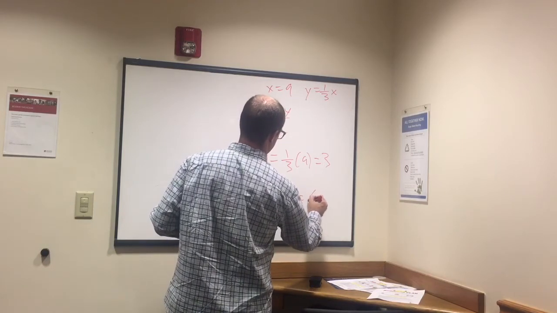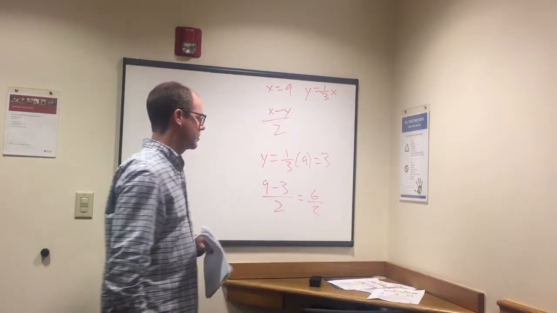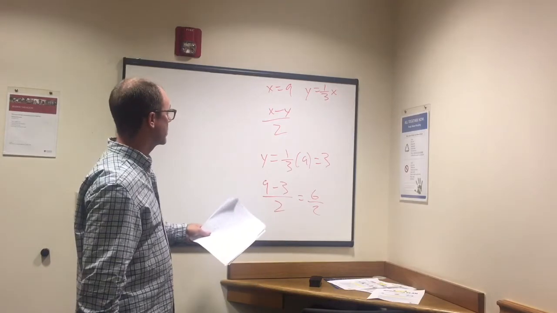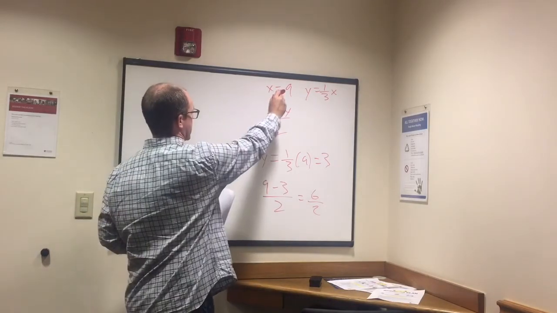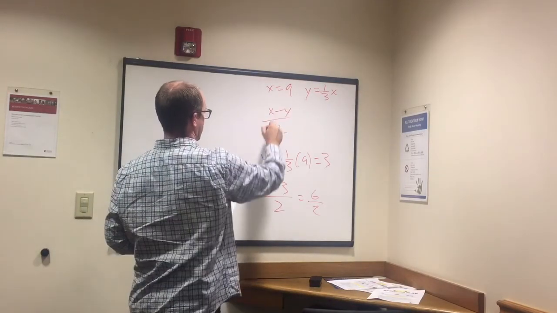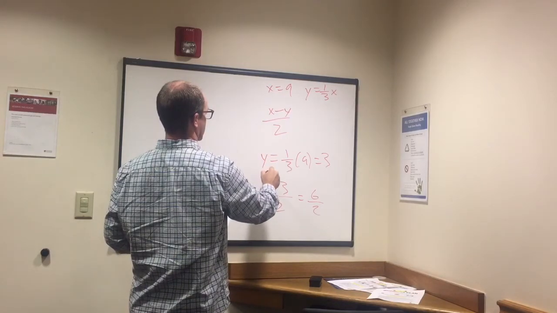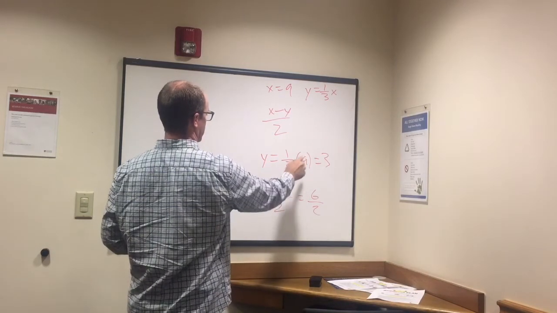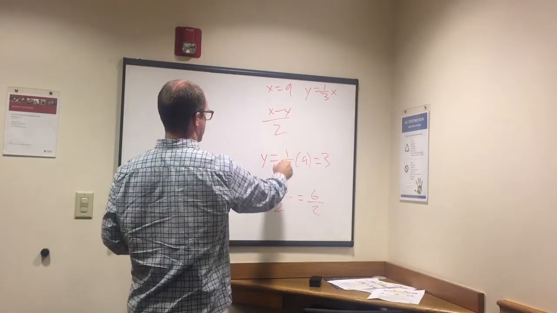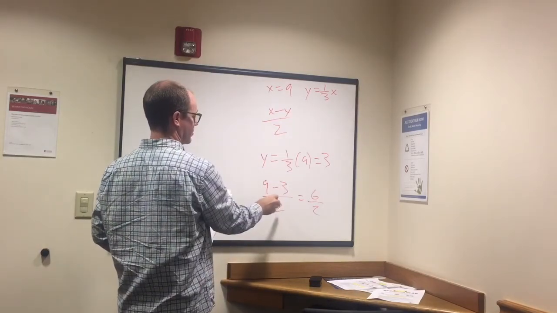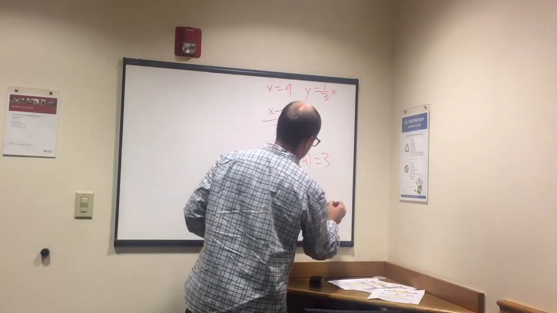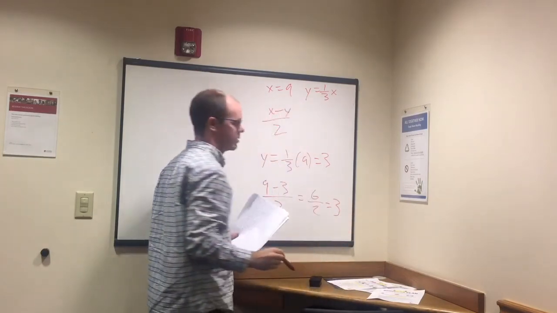That's 6 over 2. Everybody can see what I did here: x was 9, put that right there into the formula. y was 3, we found out. So subtract that, x minus y, 9 minus 3 is 6, divided by 2, equals 3.